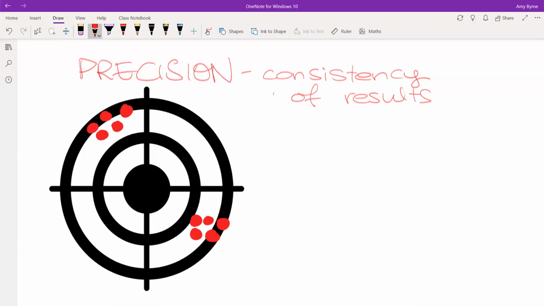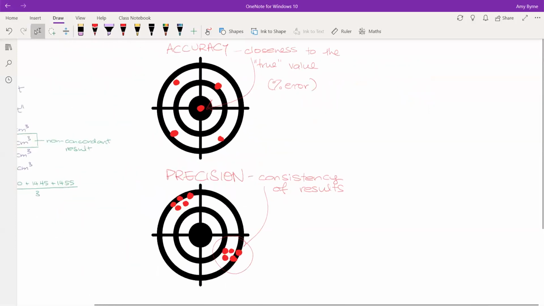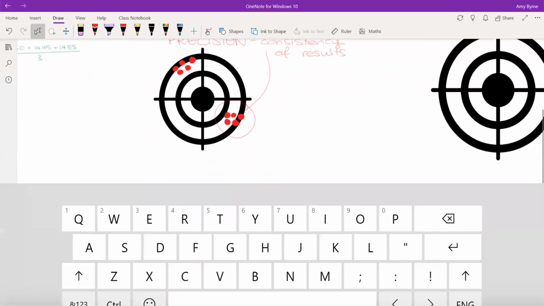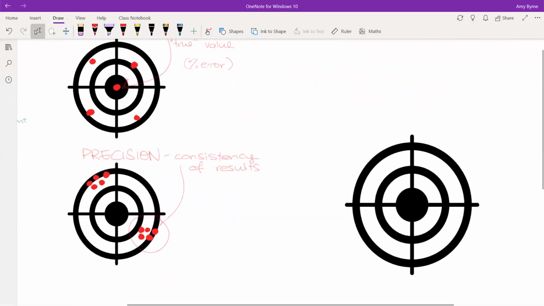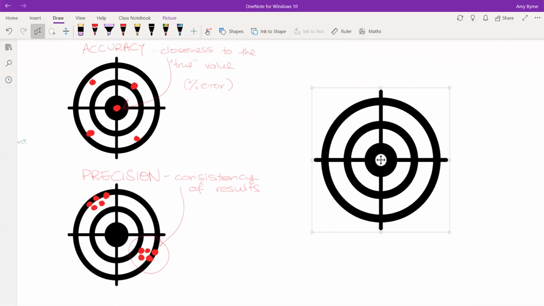These results are consistent, they are precise, but they are not accurate. That's the difference between these two. Accuracy is closeness to that true value. Precision is about the consistency of those results.